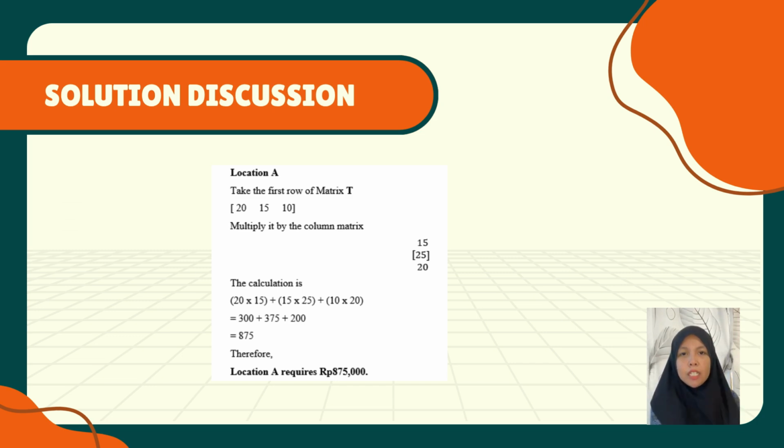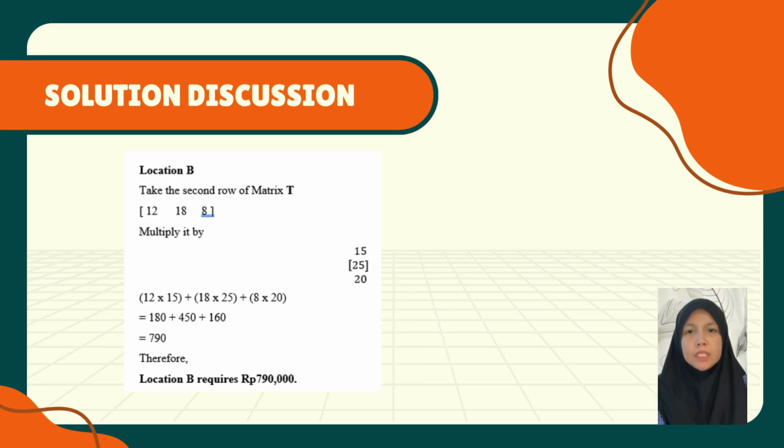The calculation is 20 multiplied by 15 plus 15 multiplied by 25 plus 10 multiplied by 20 equals 300 plus 375 plus 200 equals 875. Therefore, location A requires 875,000 rupiah.